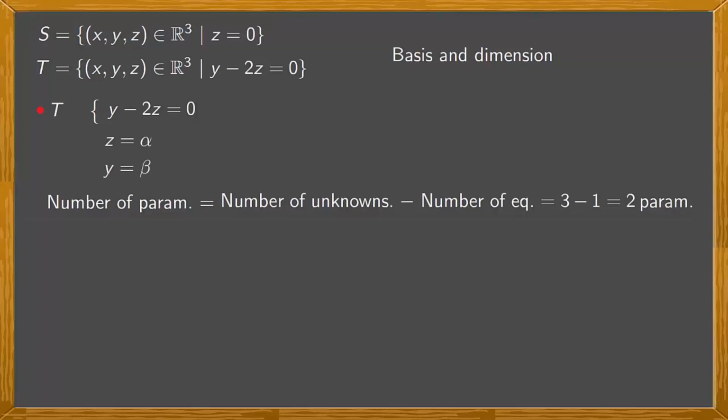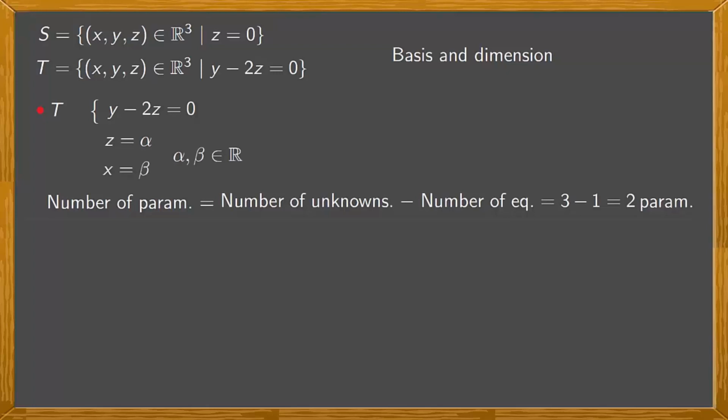We're just missing x, which we have to express in terms of the parameters. But notice that we don't have any equation where x appears. This means the parameter assignment doesn't work. So what do we do? Well, keep trying. Let's keep z equal to alpha, and instead of y being beta, let's make x equal to beta.